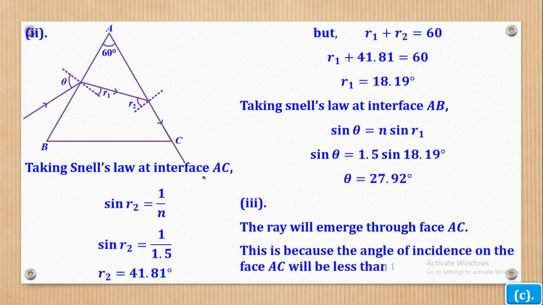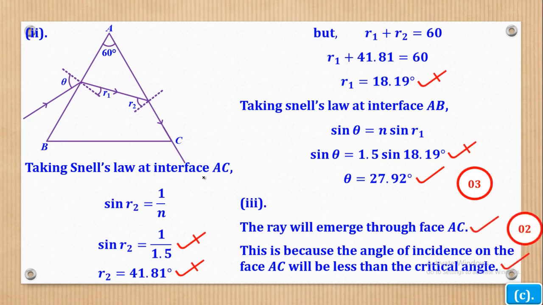The reason is that the angle of incidence on this face AC will be less than the critical angle. When it is less, there will be refraction. When it is greater than the critical angle, there will be total internal reflection. But now, because it is less than the critical angle, there will be refraction, so it will emerge. So that is how marks will be awarded for this slide.